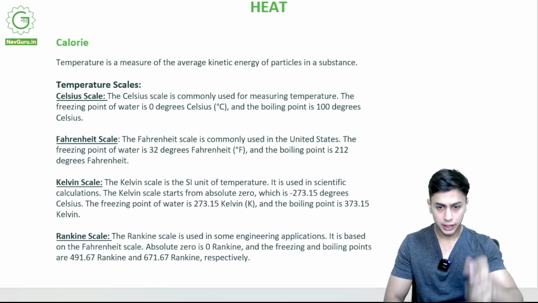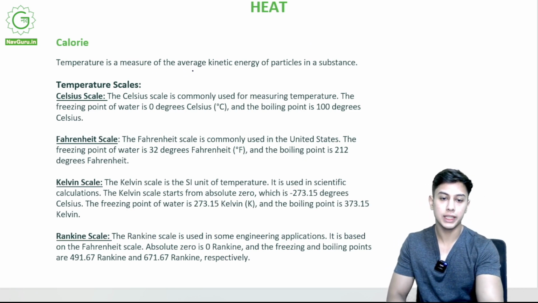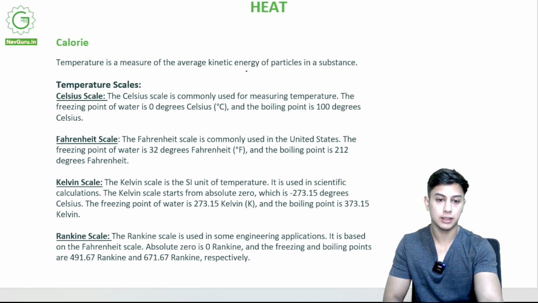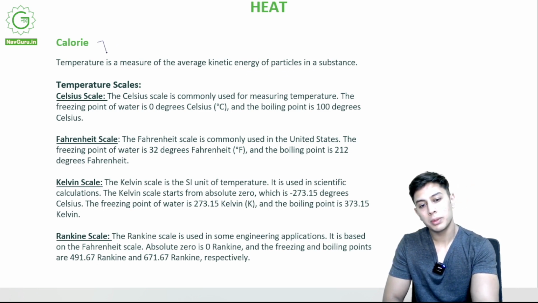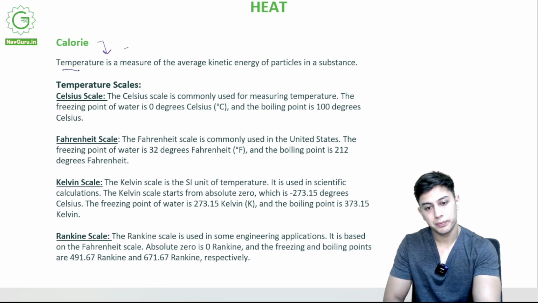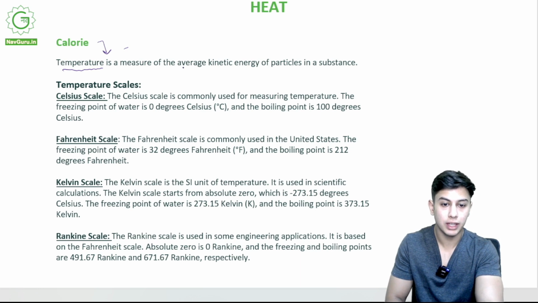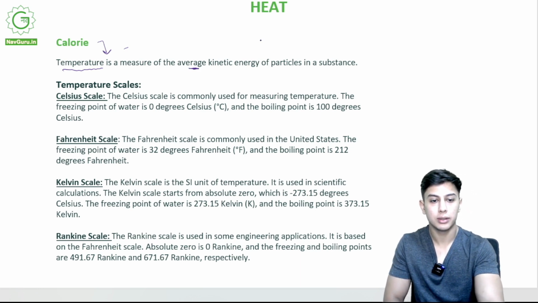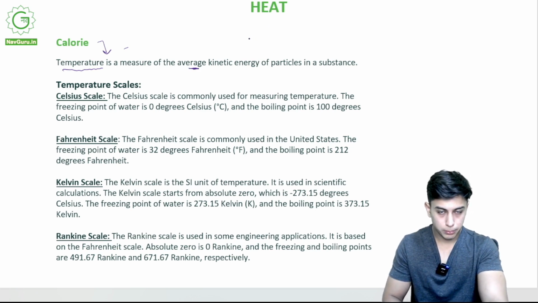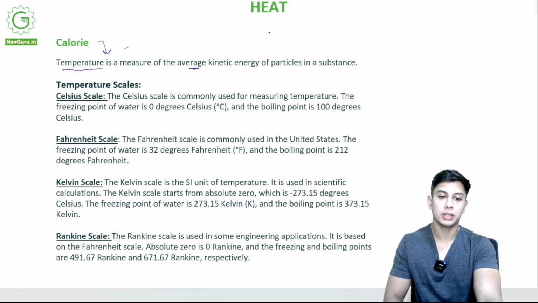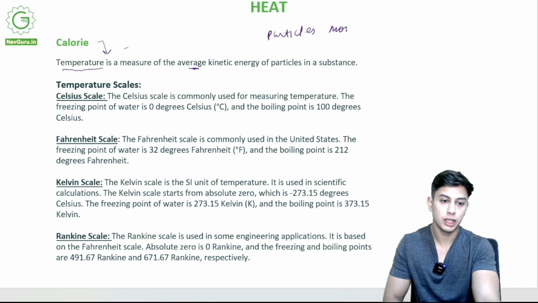Temperature is a measure of the average kinetic energy of particles in a substance. Now we come up to a subpart called temperature. Whenever you put heat on something, the particles start moving inside it.